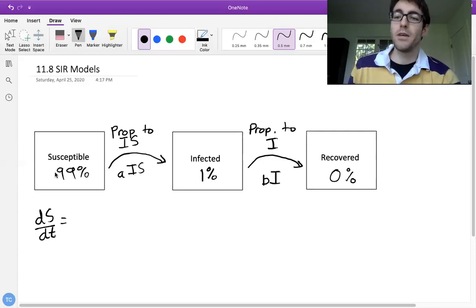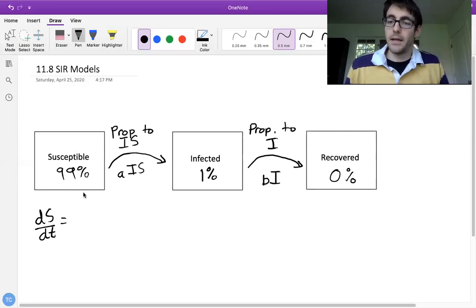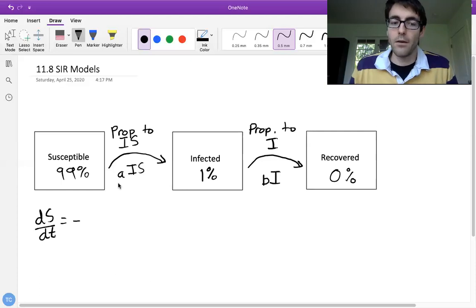The total number of people who could get sick decreases. So dS/dt should be negative. Our total population of people who are susceptible is going down, and it's going down at a very specific rate, at a rate A I S. So dS/dt should be negative A times I times S.